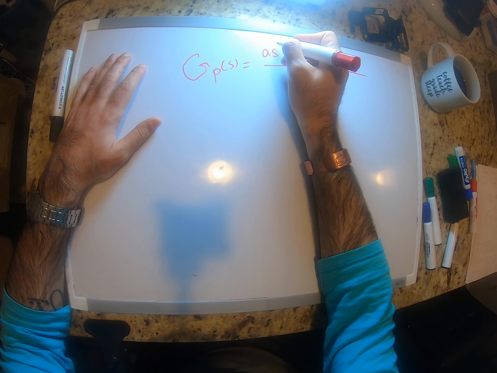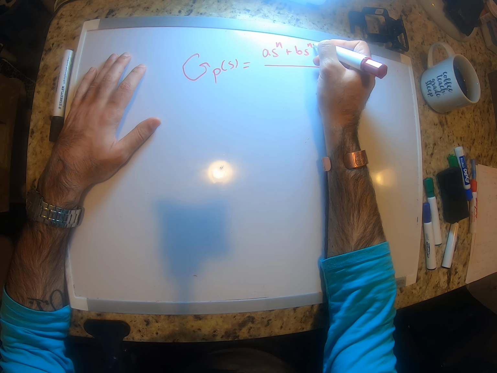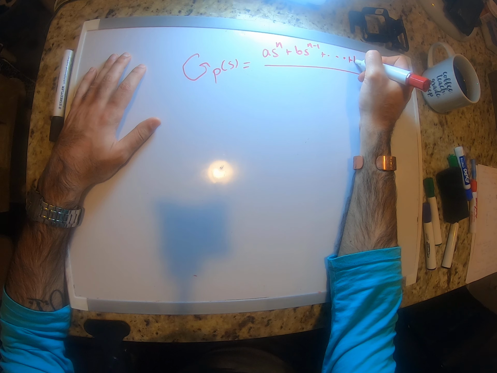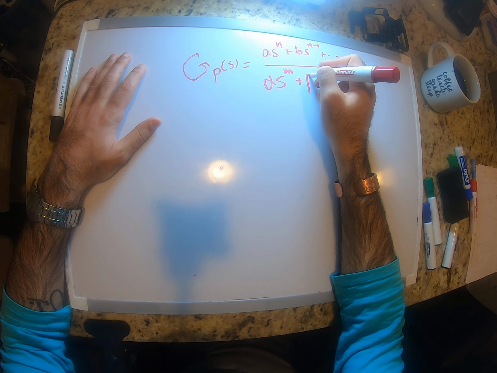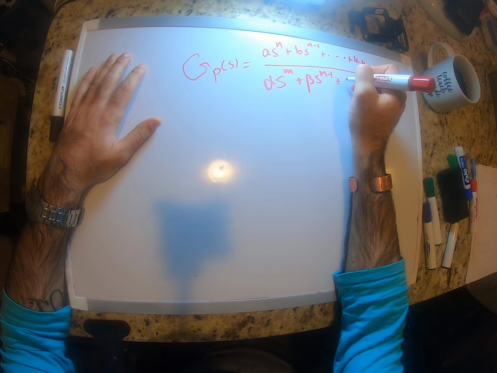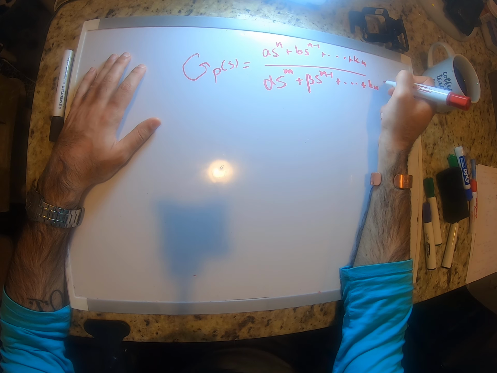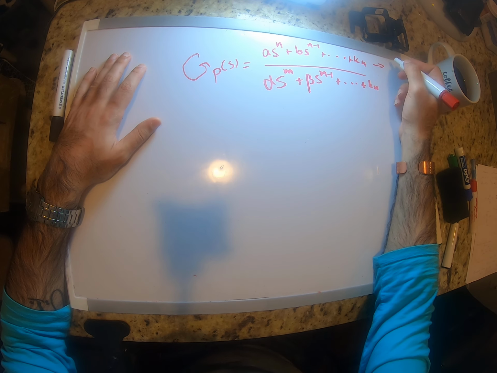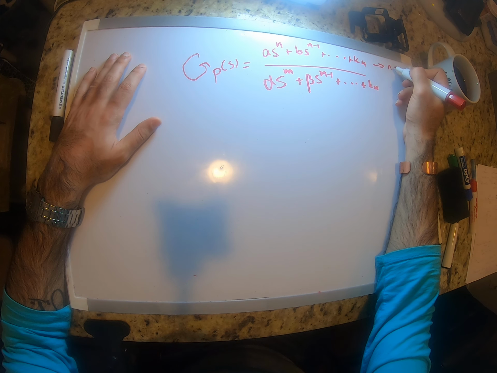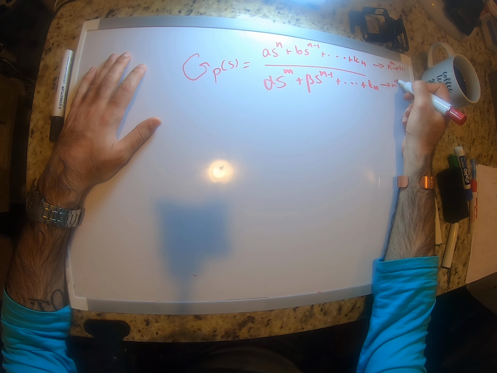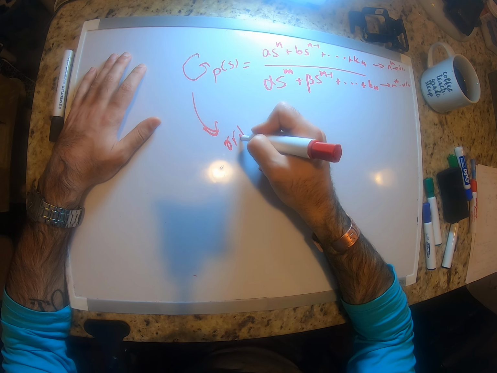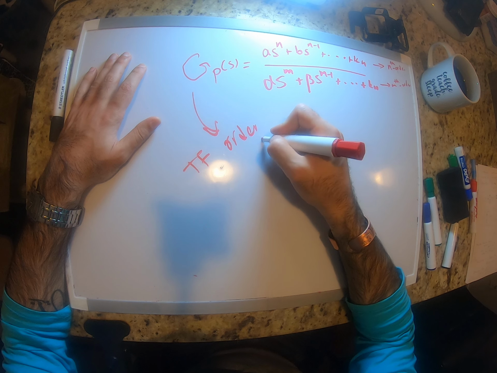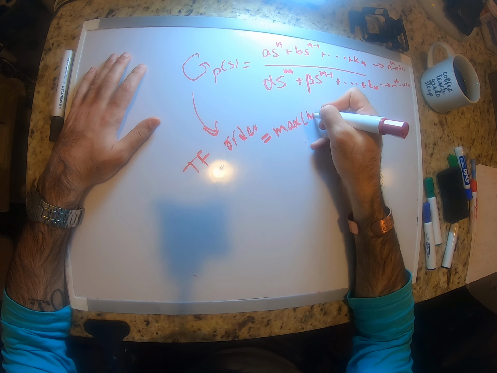Let's do this: a S^n plus b S^(n-1) plus and so on, plus k_n. And alpha S^m plus beta S^(m-1) plus and so on, plus k_m. Okay, so the order of the numerator is nth order, and for the denominator it is mth order. And the transfer function order is the maximum of m and n, right?